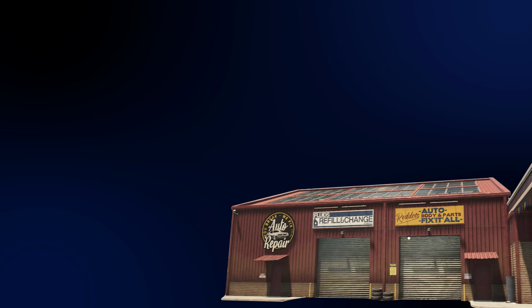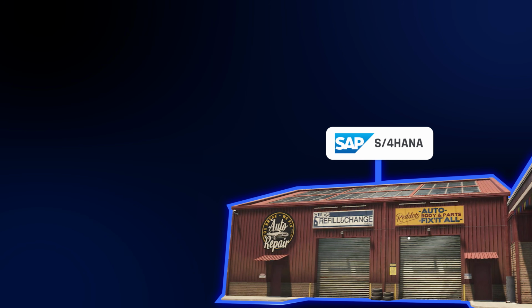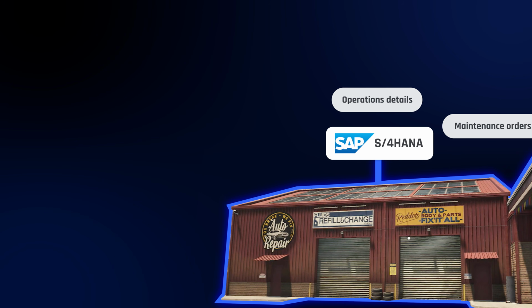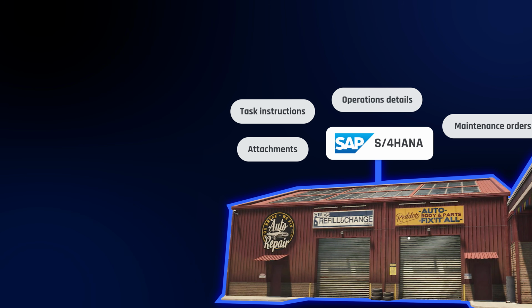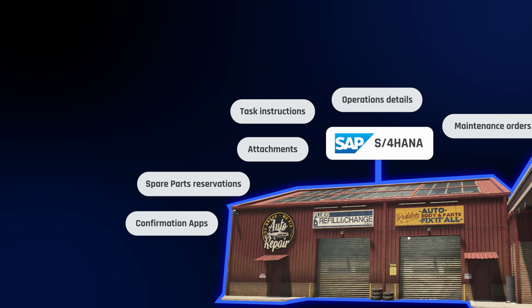Let's define the situation. Texas Workshop Garage is running on SAP S4HANA. Maintenance execution is completely digital. Technicians typically access maintenance orders, operation details, task instructions, attachments, spare parts reservations, and confirmation apps. All through Fiori, no paper, no printed job cards.